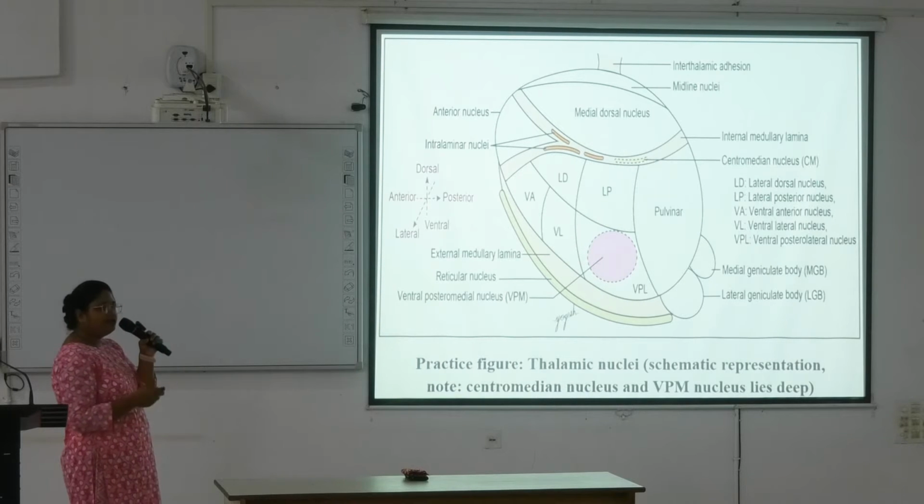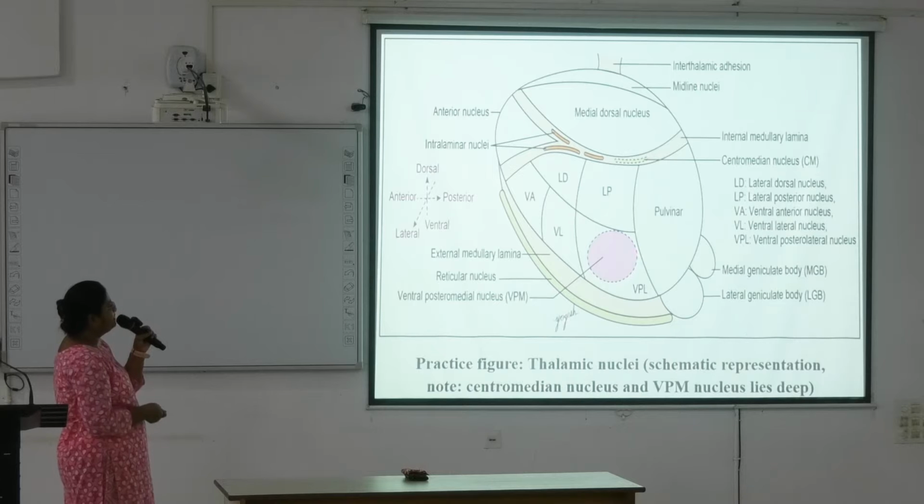Ventral posterior again has two nuclei, ventral posterior lateral and ventral posterior medial. Okay. And here are the reticular nuclei, lateral to the thalamus, just lateral to the external medullary lamina, and near the posterior end, the medial and lateral geniculate bodies are present.